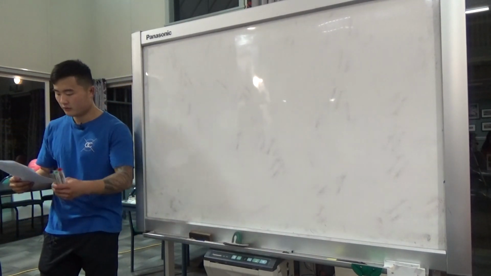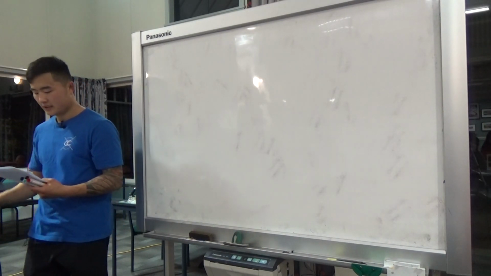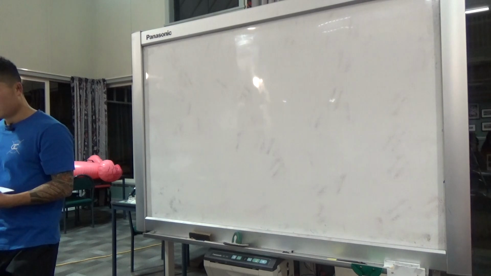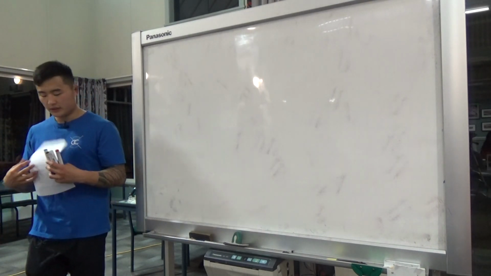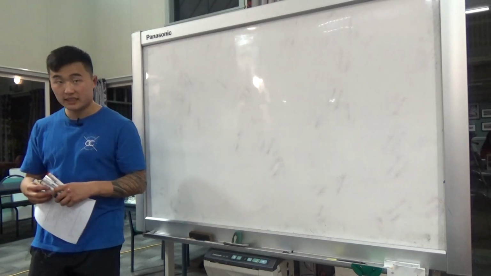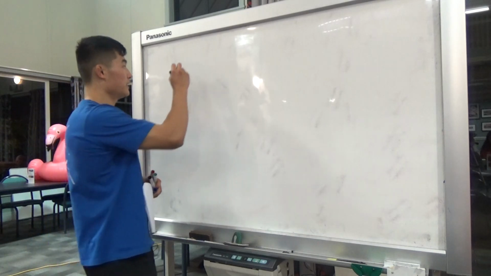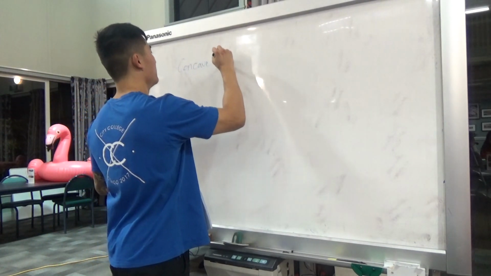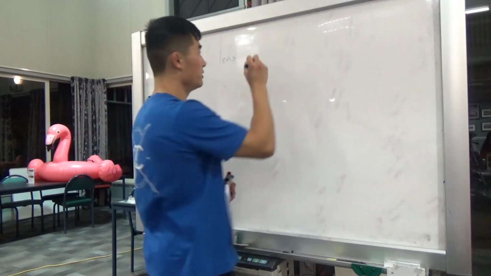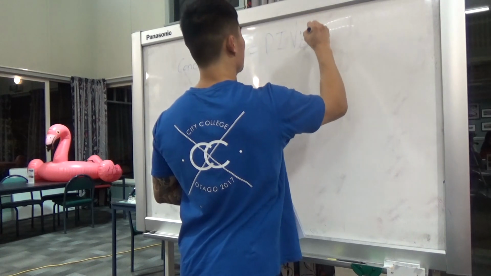Number 7, we have a diagram of a concave lens, and the object is located inside the focal point. So for a concave lens, you have to first determine whether that's converging or diverging. A concave lens is going to be diverging.